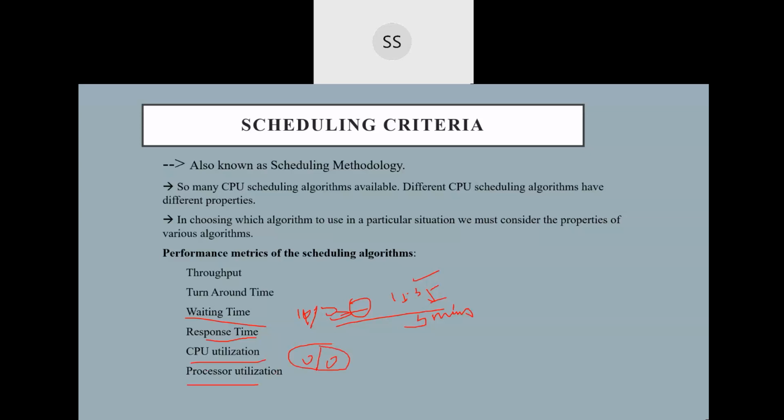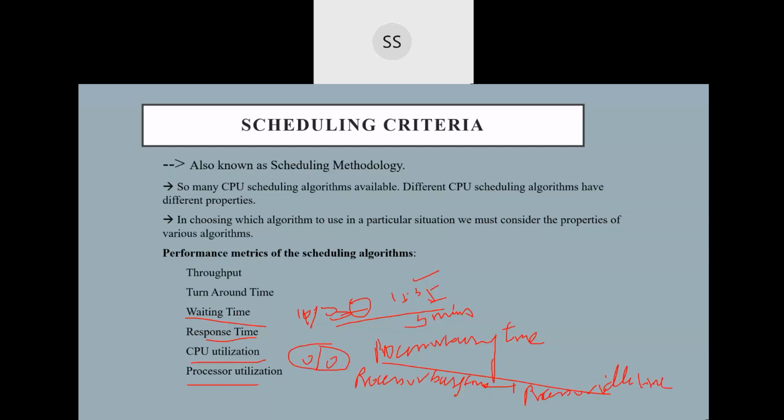Next, process utilization is the ratio of processor busy time by the sum of process busy time plus process idle time. All of you note all these formulas, it is important for you.